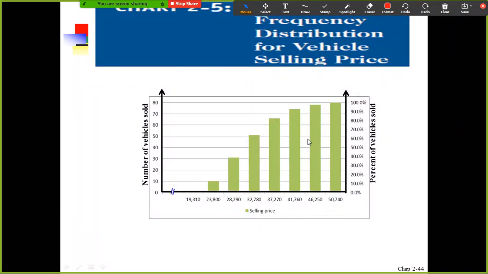Okay, suppose I use 3 of them. This is the number of cars, this is the percentage. This is actually the cumulative number of cars. This is the cumulative percentage of cars. So the first cumulative is only 10, but the second cumulative is 10 plus 21.